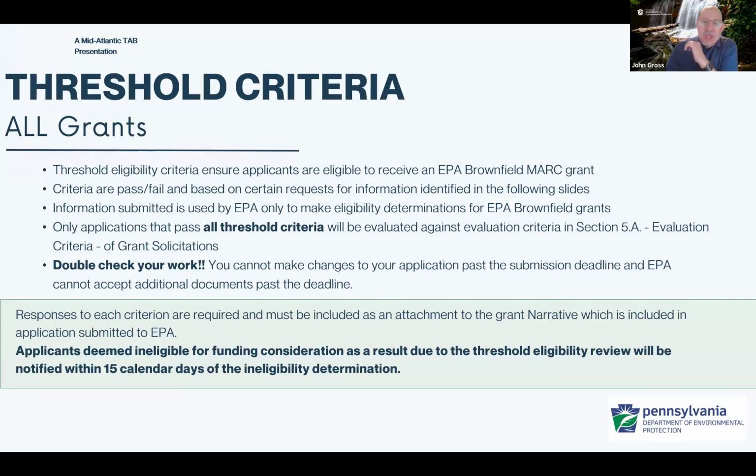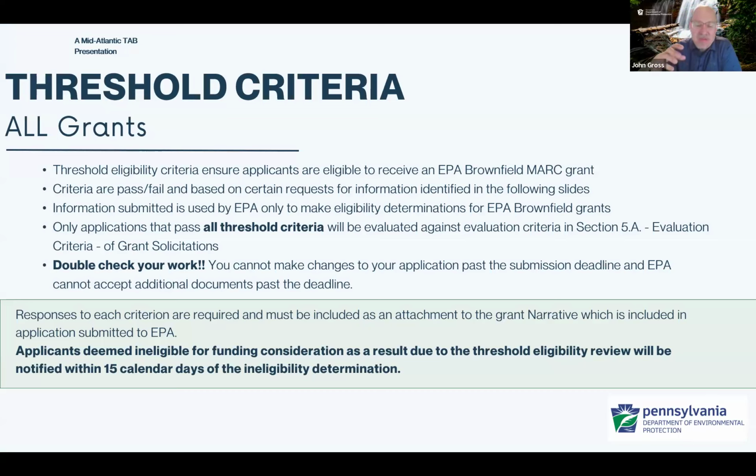And don't do this at the last moment. This is one of those situations where you want to write this early and give yourself enough time for internal review, and enough time for, as Mid-Atlantic TAB is going to tell you later, Mid-Atlantic TAB to review it.